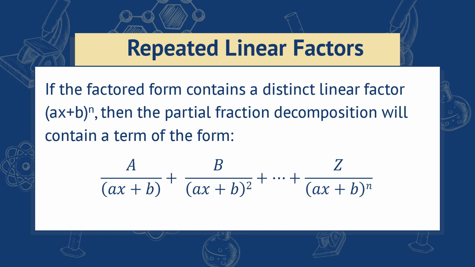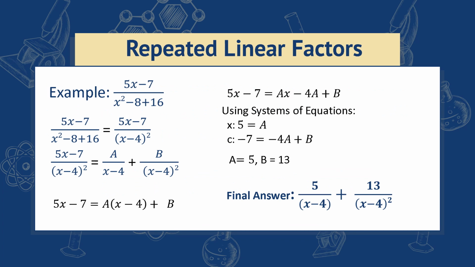For an example, 5x minus 7 divided by x squared minus 8x plus 16. If you want to simplify the denominator, you'd get its factors, and its factors is x minus 4 squared. Since we have x minus 4 twice, we could just combine it to become x minus 4 squared.